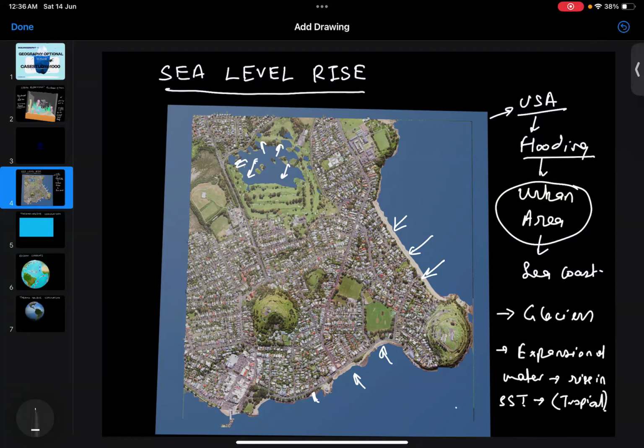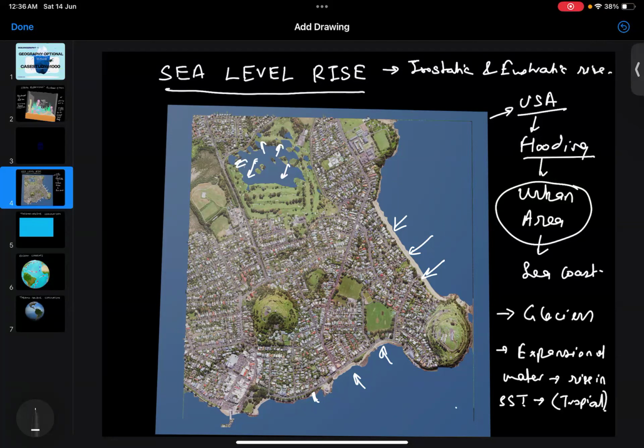Okay, so this part we can also connect with certain important areas. For example, the sea level rise is interlinked with isostatic change and eustatic change. Isostatic and eustatic rise in sea level.